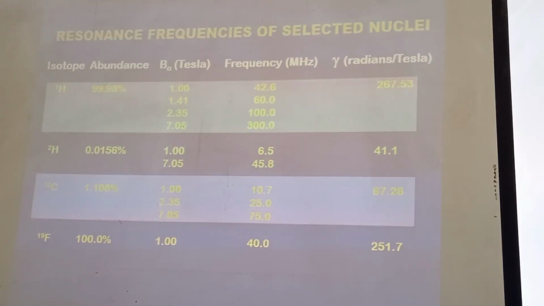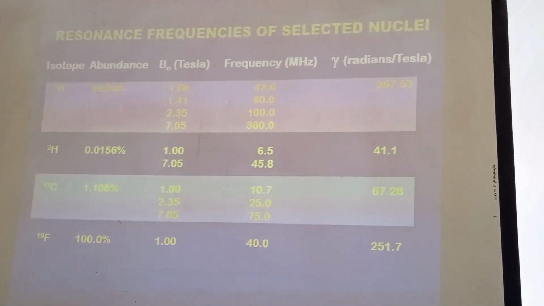Higher number का मतलब है you need a larger quantity. So a good proton NMR spectrum requires less quantity of your sample, but a good carbon-13 spectrum requires larger quantity. That is because of its lower natural abundance.